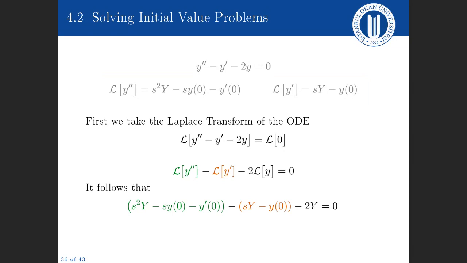So our equation becomes s squared capital Y minus sy0 minus y prime of 0 minus s capital Y minus y of 0 minus 2 times capital Y is equal to 0.